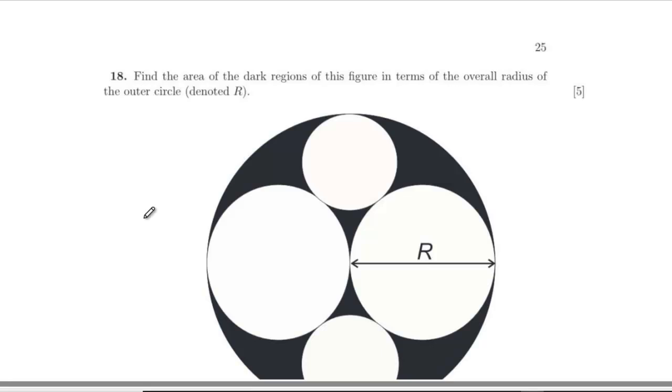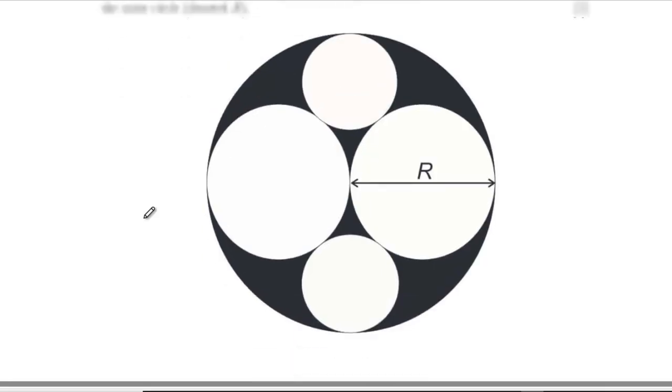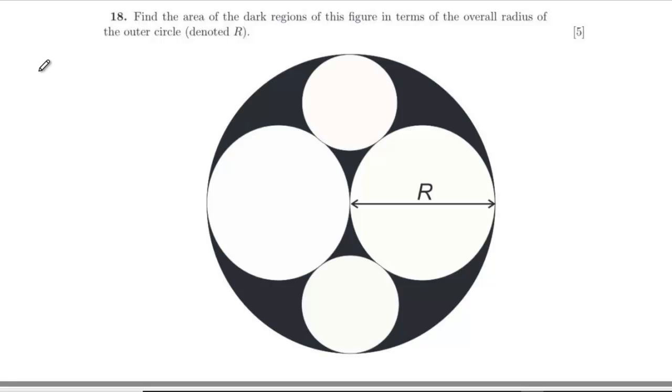Right, this looks like the geometry question. So we've got to find the area of the dark regions. At least it's a simple idea. We need to do the big circle minus 2 medium circles minus 2 little circles. This is what we're trying to do. We know the big circle is pi R squared.